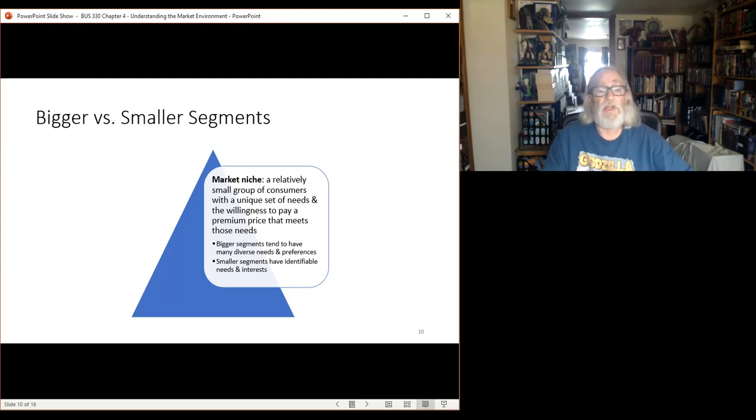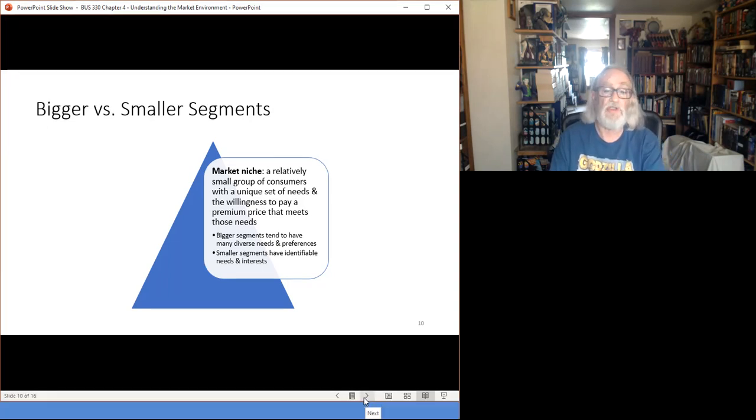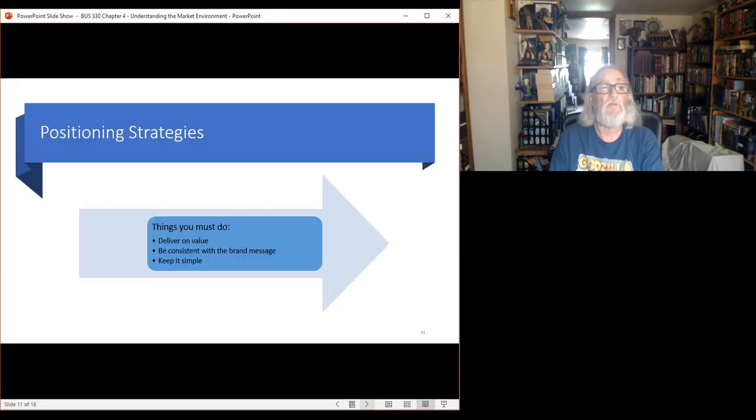So bigger segments do have many diverse submarkets, and you may reach some by sending your message out to the bigger markets, but it may not be as effective. If you can really spend the time and have some luck, some success using modern tools, you can identify smaller niche segments who have the needs and interests that you can fulfill, and indeed that you could create a value proposition for. That's what the consumer is looking for.